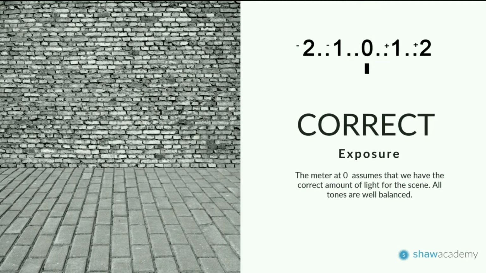The light meter assumes that we have the correct amount of light for the scene, and all the tones are well balanced. So when I say tones, I mean the dark tones, the light tones, the bright tones, and the black tones. These are all visible. We can see detail throughout all of this photograph. I know it's just some brickwork that we have here, but everything looks correct to our eyes.